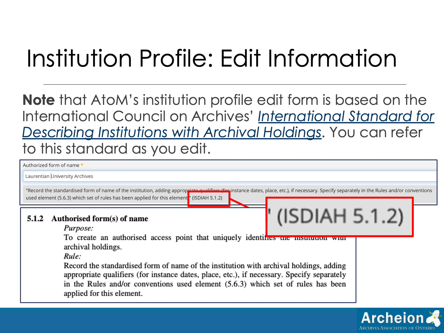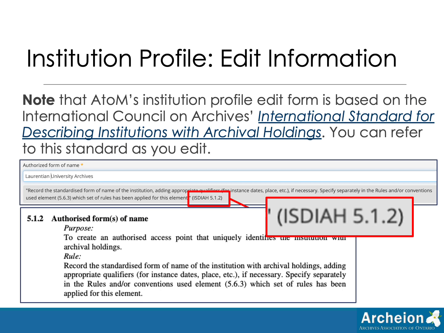So in the slides, I've linked to the webpage for this standard and also the links to the English and French PDF of the full standards with the full rules. So you will notice that this ISDIAH acronym appears throughout the edit form attached to each field. So if you'd like to, you can have the standard open and reference it as you're filling in the institution profile. This will give you tips and also instructions for how to use each field to help you better structure information about your institution.